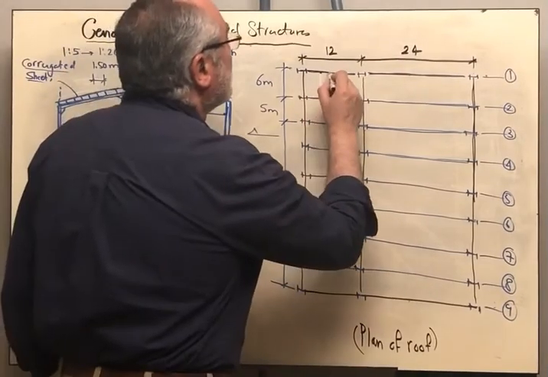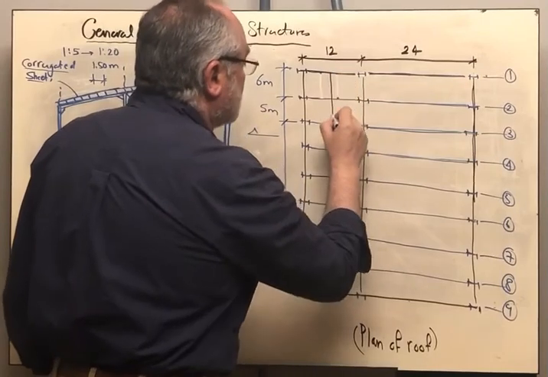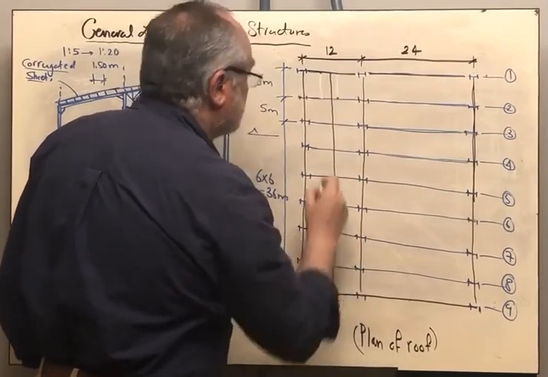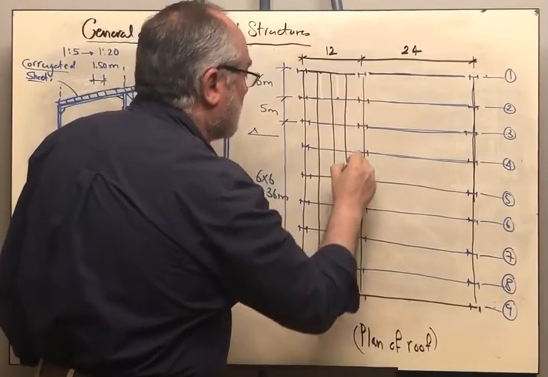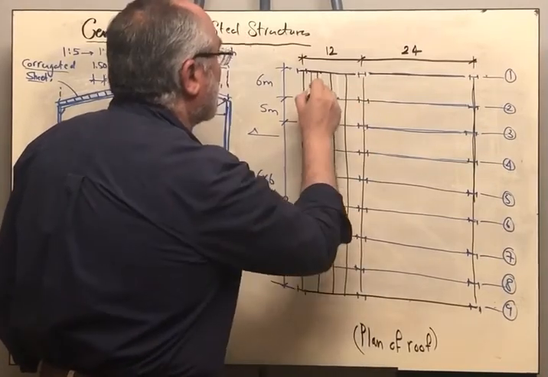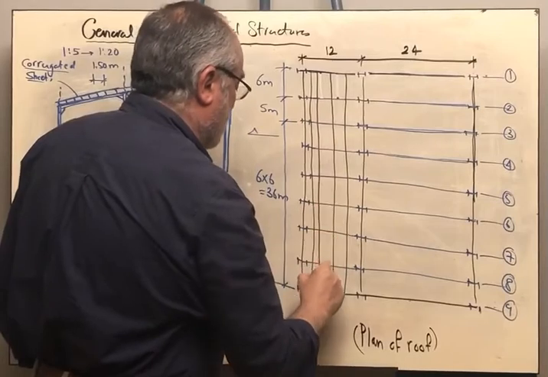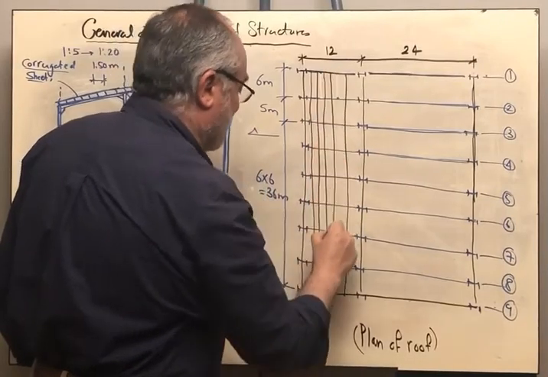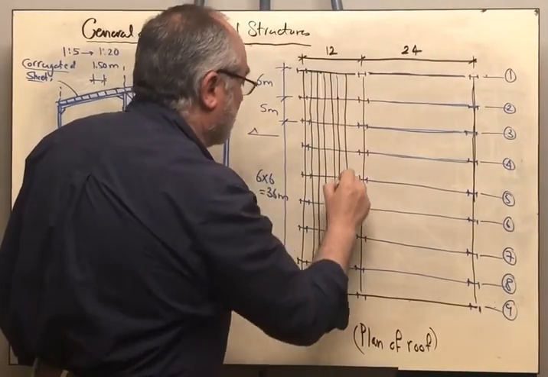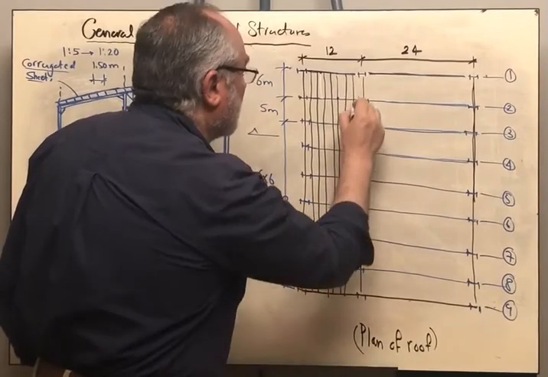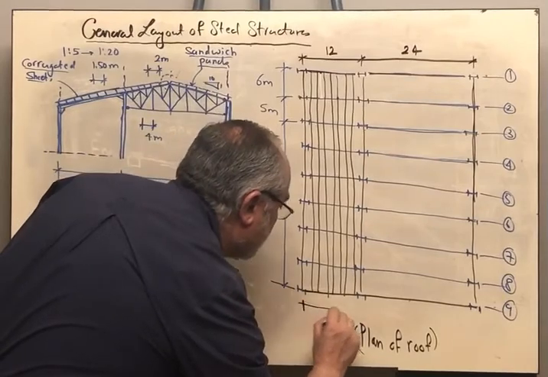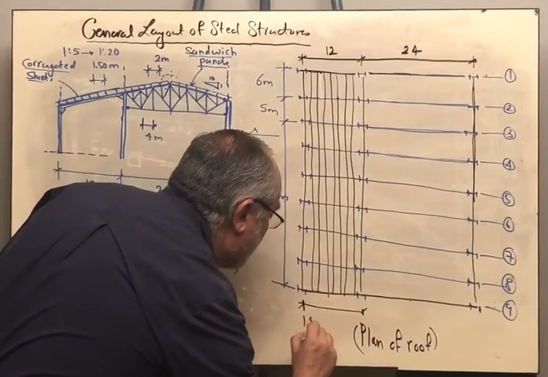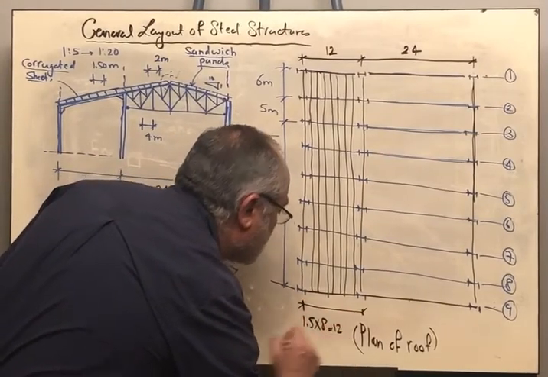So we have the purlins will be drawn like this. And you can write here that this is 1.5 by 8 equals 12.